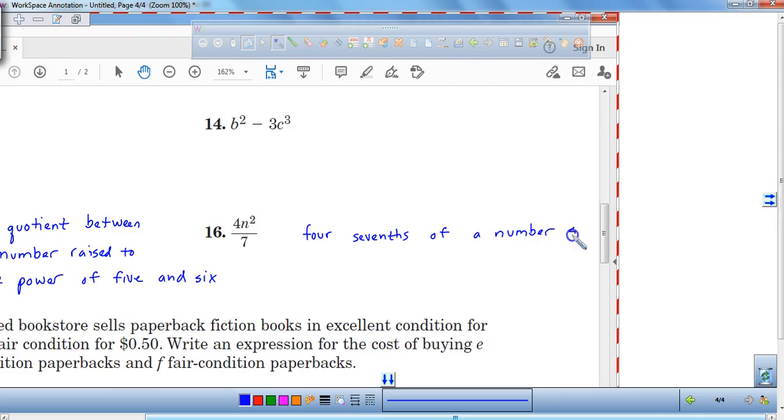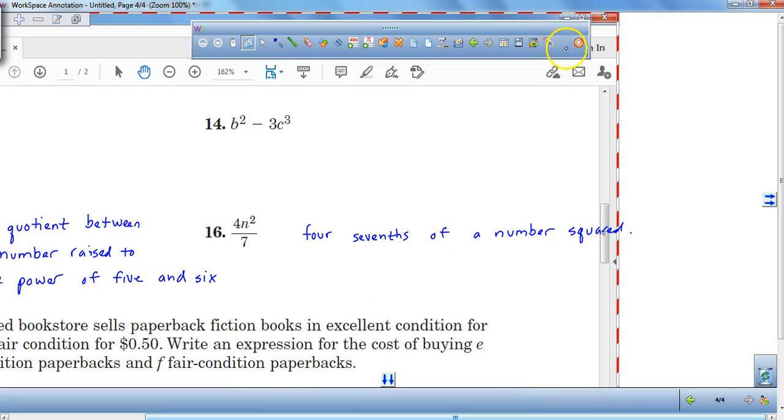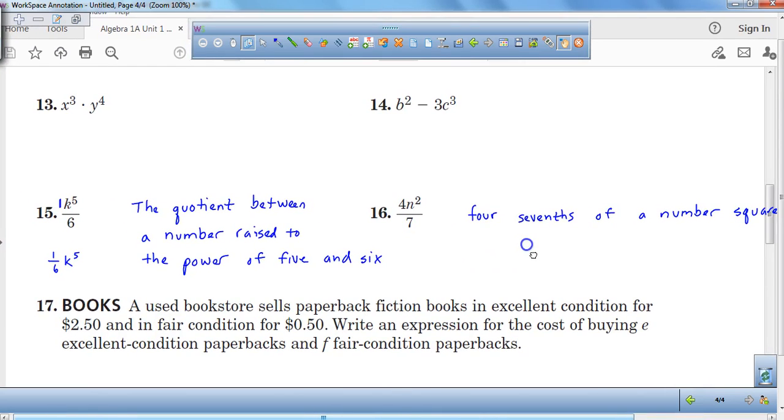Now you could also say 4 times a number squared divided by 7. Or you could say the quotient between 4 times a number squared and 7. I'm not going to write all the sentences down, but that's what you could do. You could rewind and hear me say that again if you want to, or not. So those are examples of algebraic expressions.